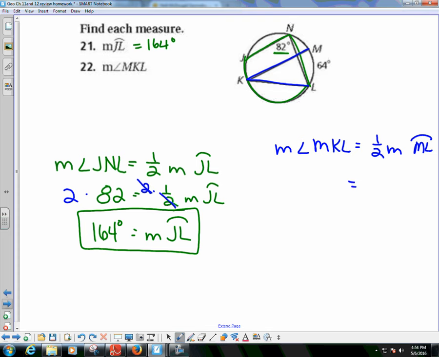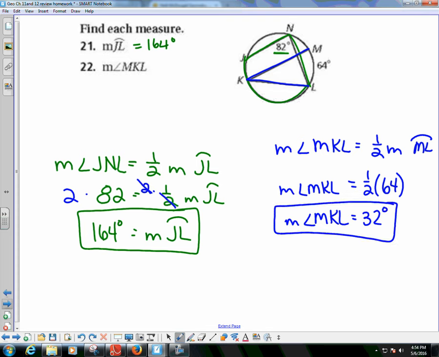I know that the arc ML measures 64, so 1/2 times 64 is the measure of angle MKL. So I know that MKL equals 32, and it's an angle, 32 degrees.